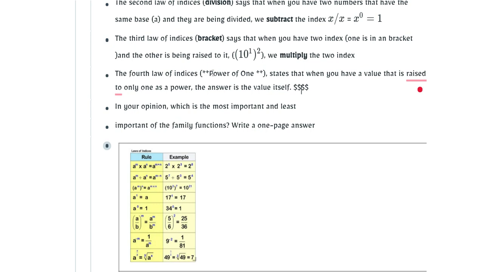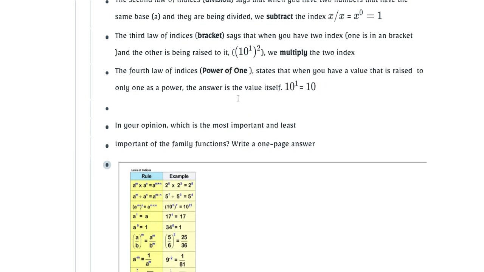An example, let's use the 10 to the 1 that we just had. 10 to the 1. Because there's only one of the 10, the answer would just be 10 itself.